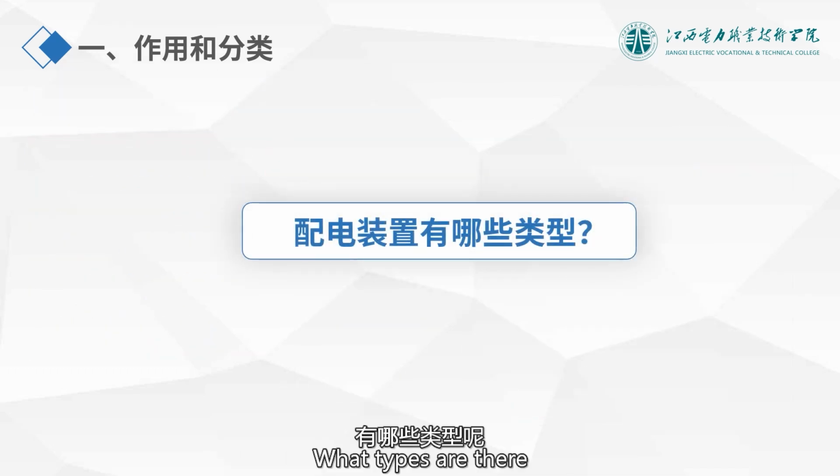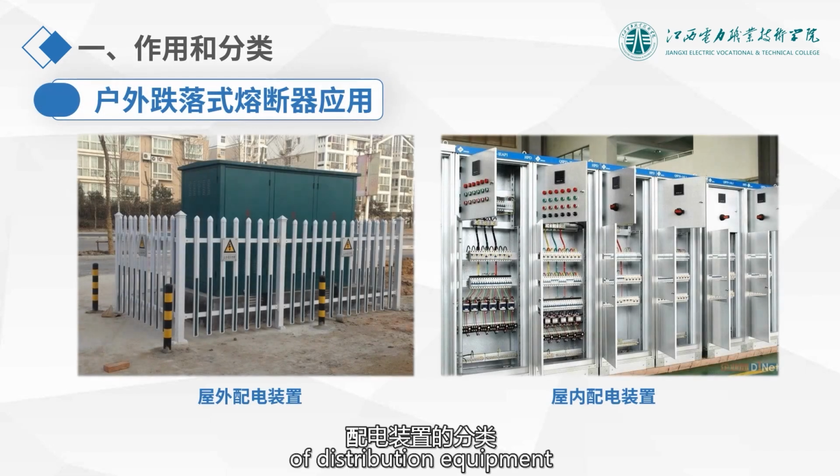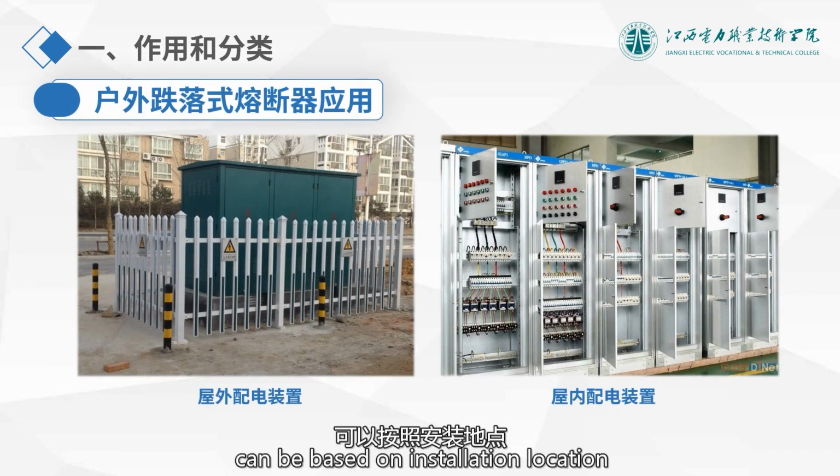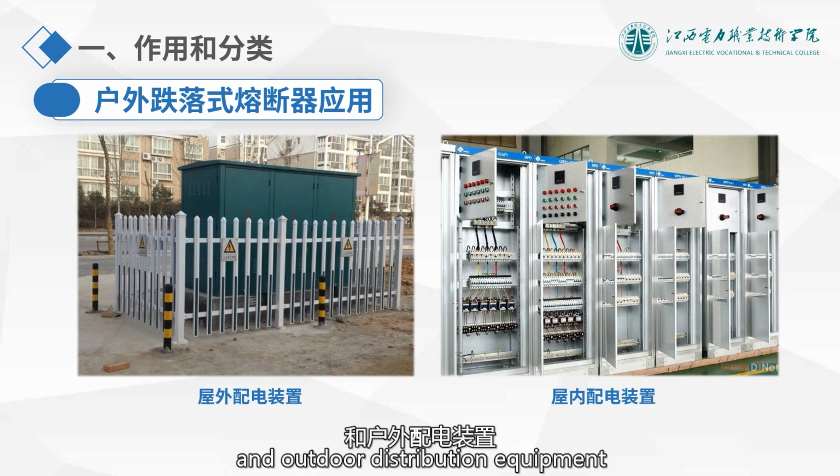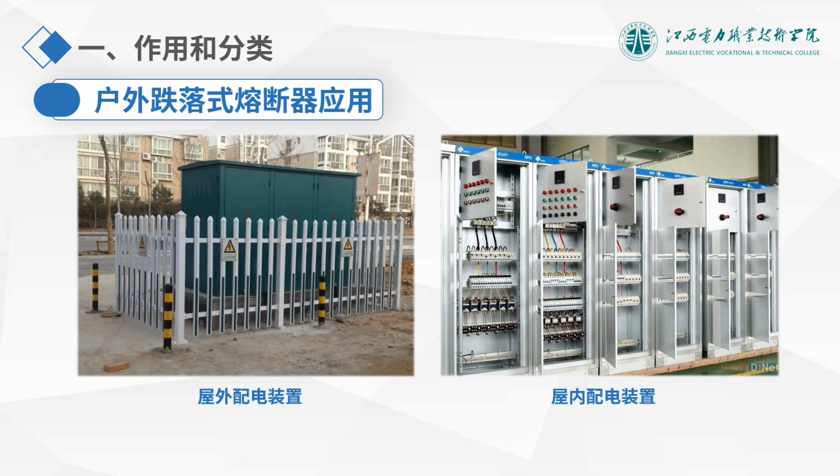What types are there? The classification of distribution equipment can be based on installation location, assembly method, or voltage level. According to the equipment's installation location, it can be divided into indoor distribution equipment and outdoor distribution equipment.